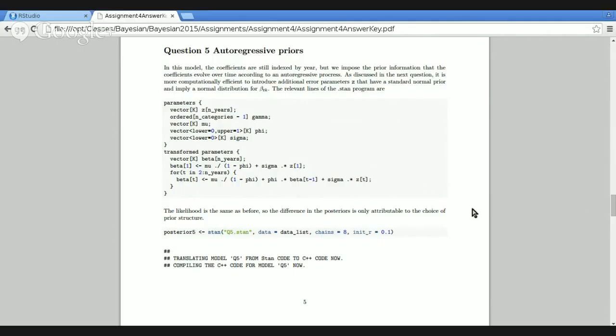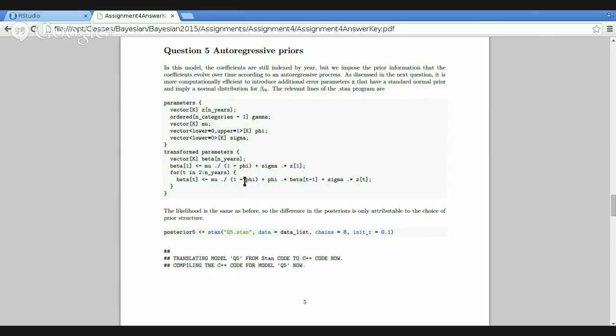We can express that in Stan by using transformed parameters for the betas. You can start them in a variety of ways in the first year, but in the subsequent years, it's just phi multiplied by the beta in the previous year. There's another construction here for the intercept of this autoregressive process, equal to the unknown means divided by 1 minus the autoregressive parameters.